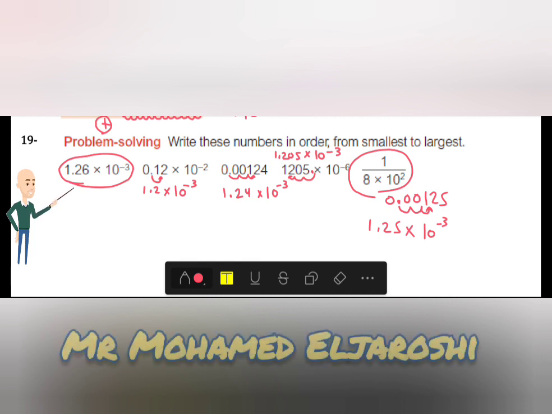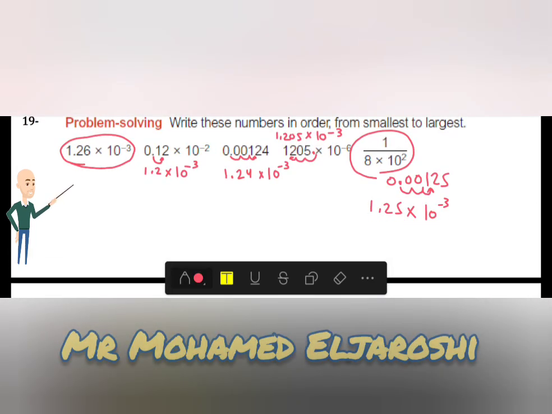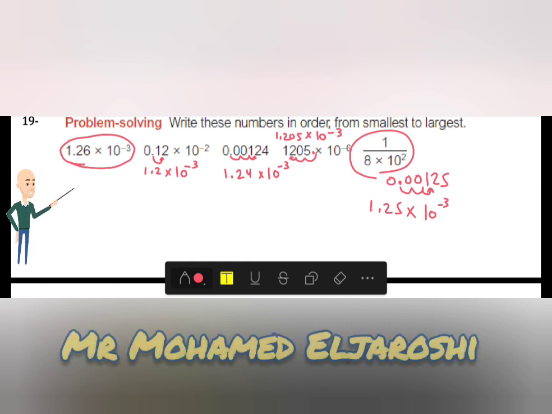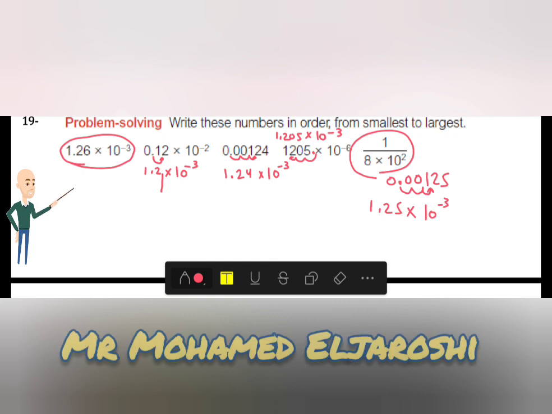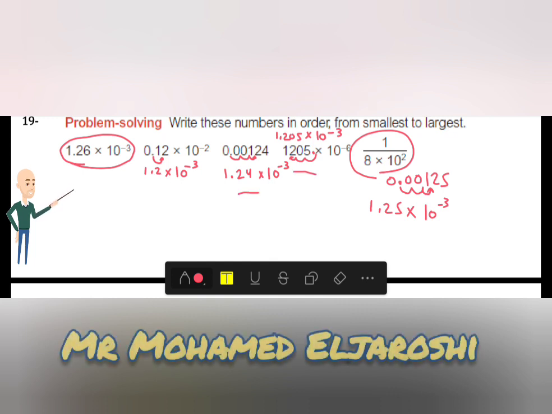Let me put it like this so I can answer it. Here we have 6. Here we have 0. Obviously, this is 0. And here we have 4, 0, 5, and 5. So which one is the smallest?